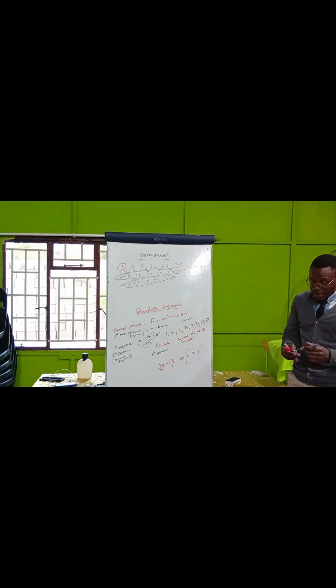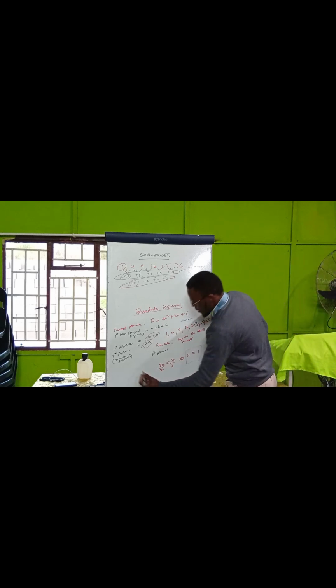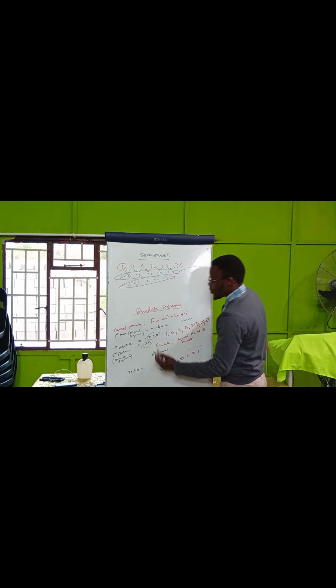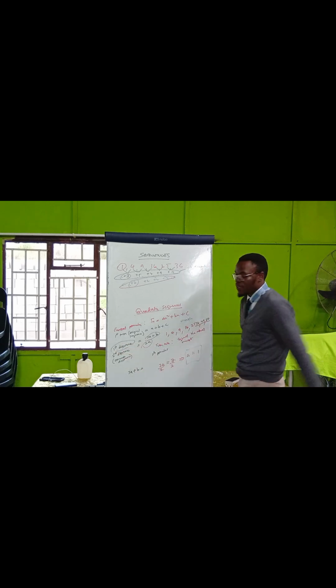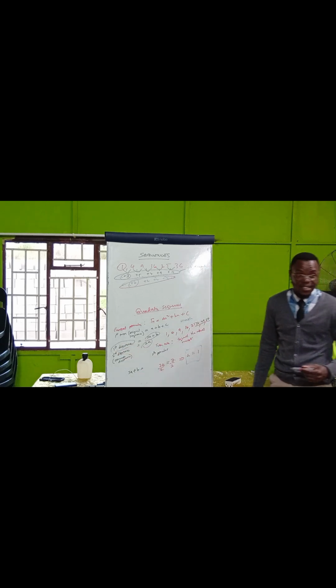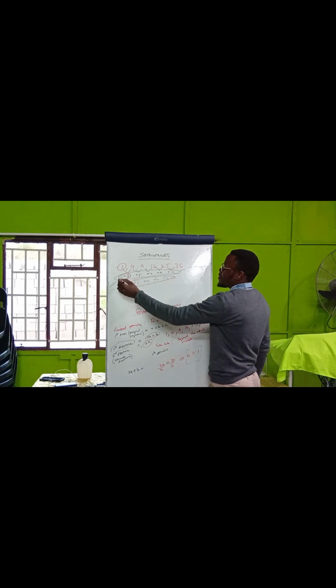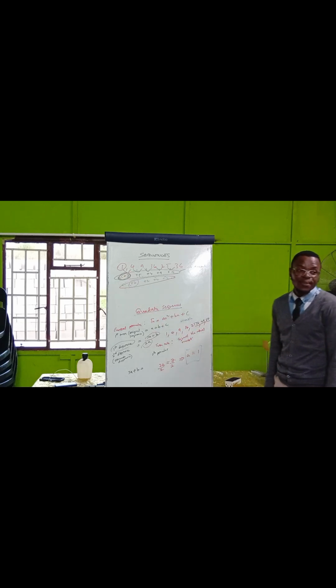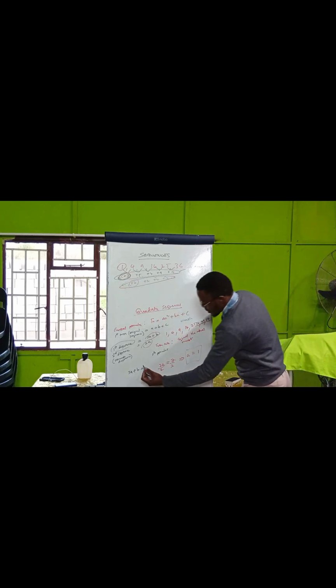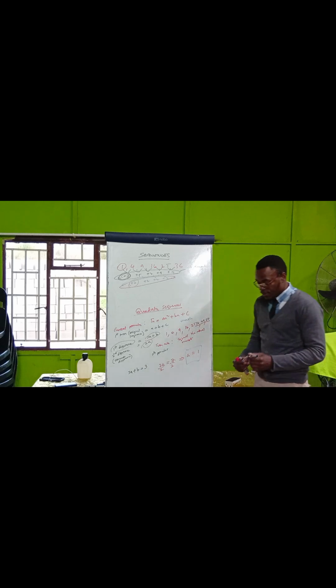So now that A is solved, we can then solve for B. 3A plus B is equivalent to the first term of the first difference, which is 3. So 3A plus B is equal to 3.